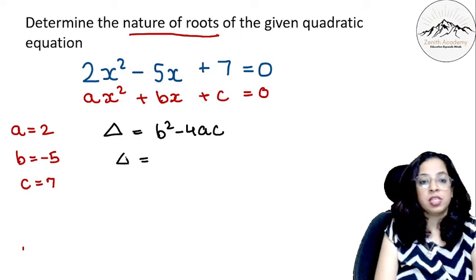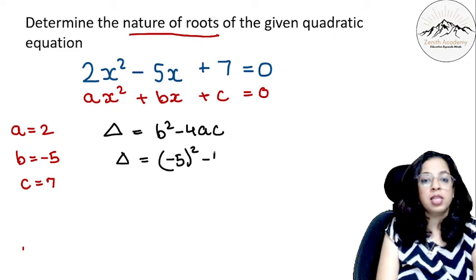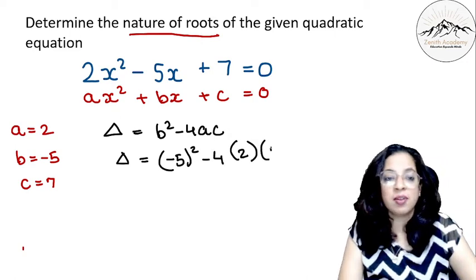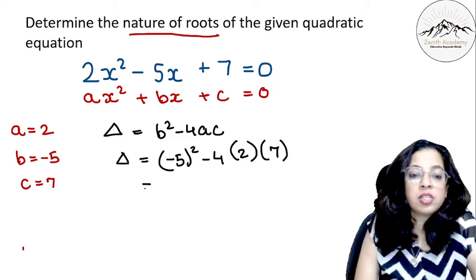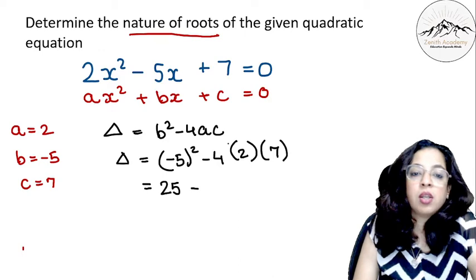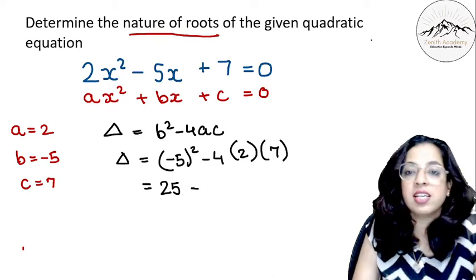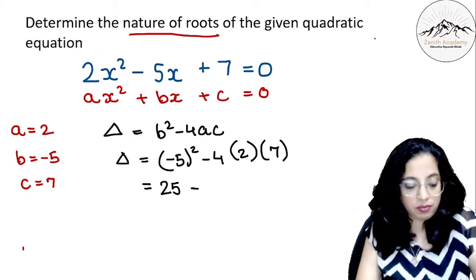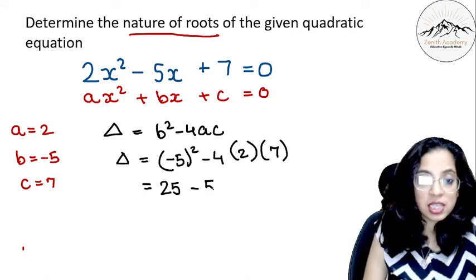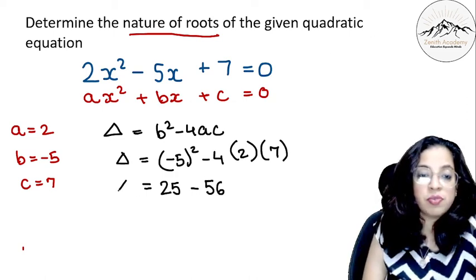So discriminant is equal to b square, that is minus 5 square minus 4 into a is 2 and c is 7. Correct? So this becomes 25 minus 4 2s are 8, 8 7s are 56. So it is 25 minus 56.